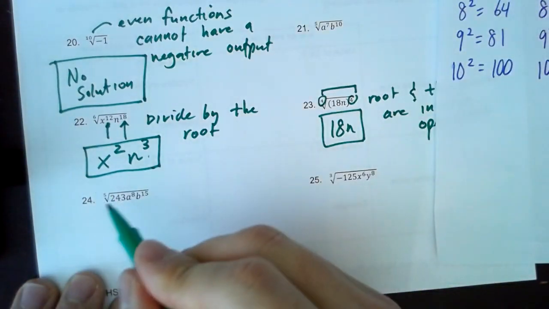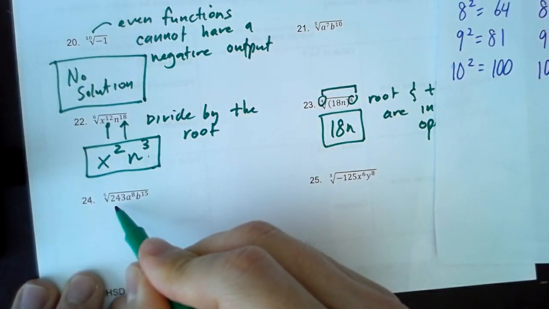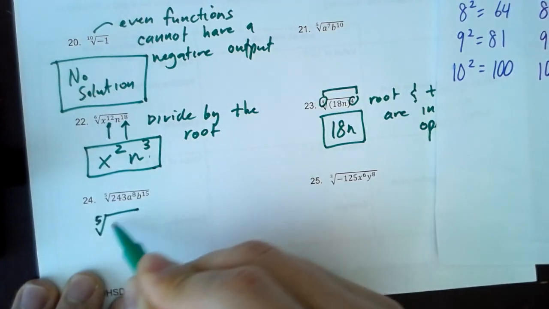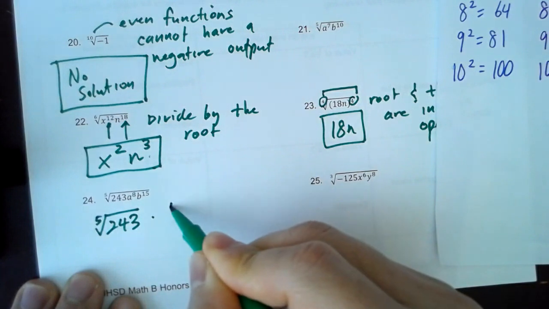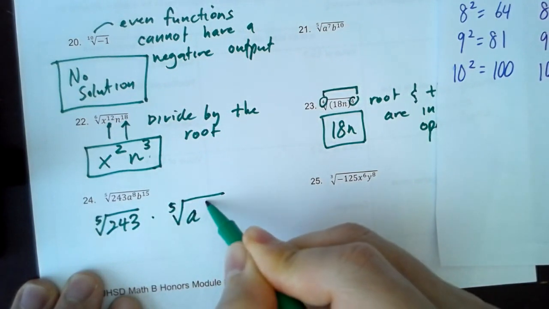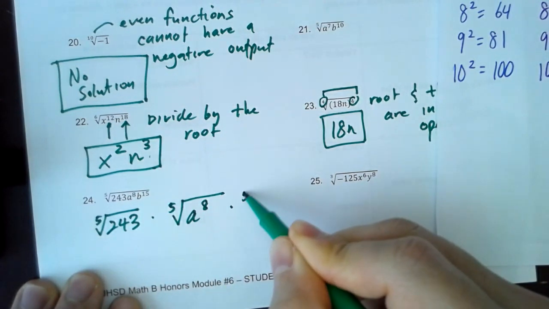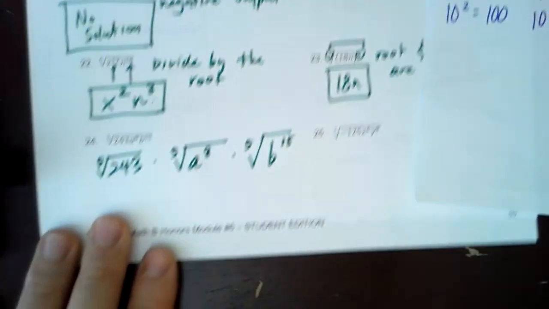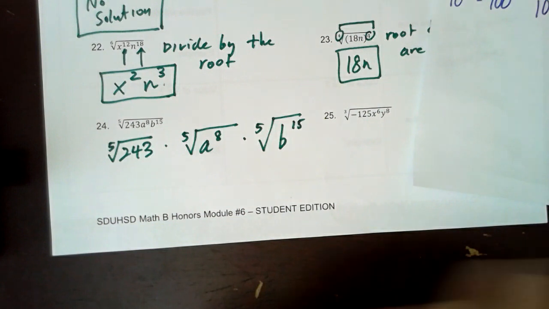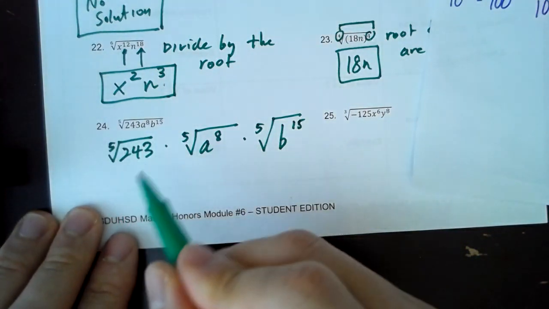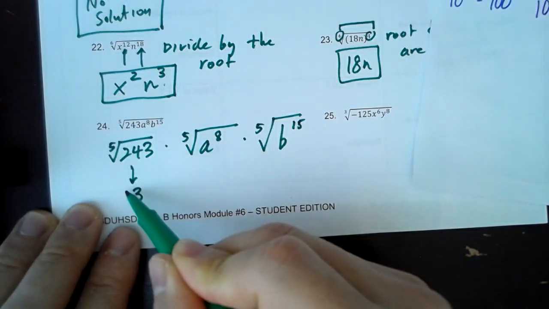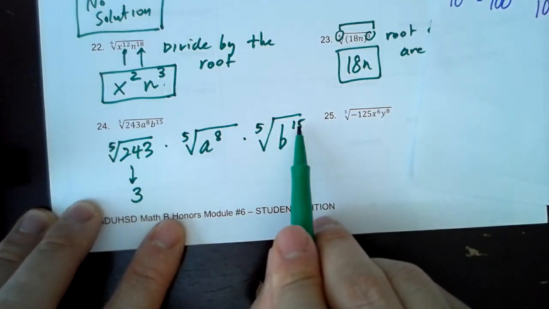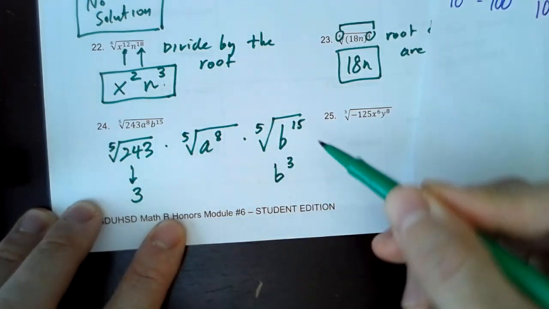And in fact, it is. So then I'll split this up into the fifth root of 243 times the fifth root of a to the 8 times the fifth root of b to the 15. So many interesting portions. So this is a perfect fifth power. We know that this is simply just 3. This is clean. Fifth root of b to the 15 is just b to the third.